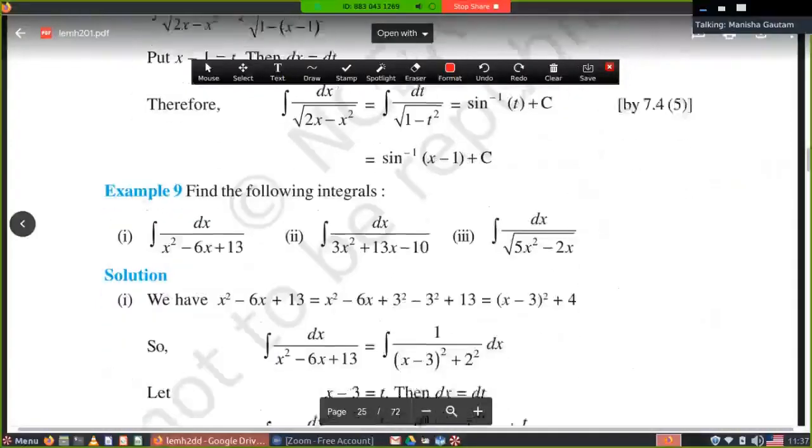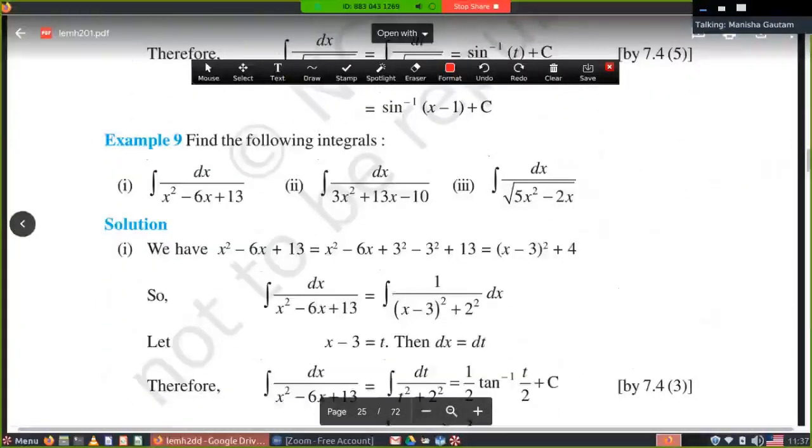Now come to example number 9. In the first part, integration of 1 upon x square minus 6x plus 13 with respect to x variable. Now make the perfect square by adding and subtracting the coefficient's half square.